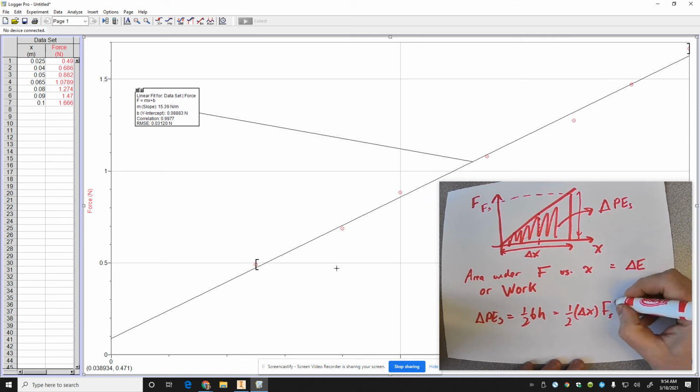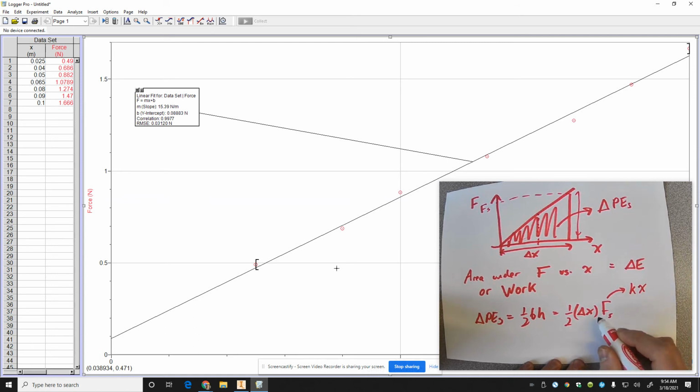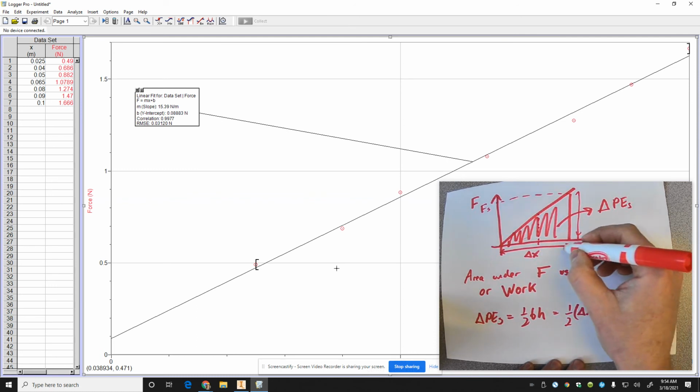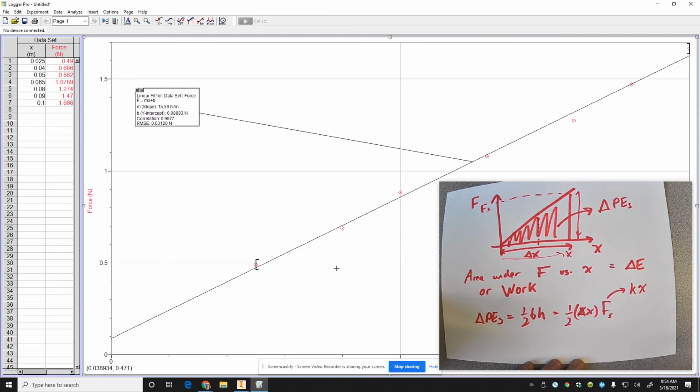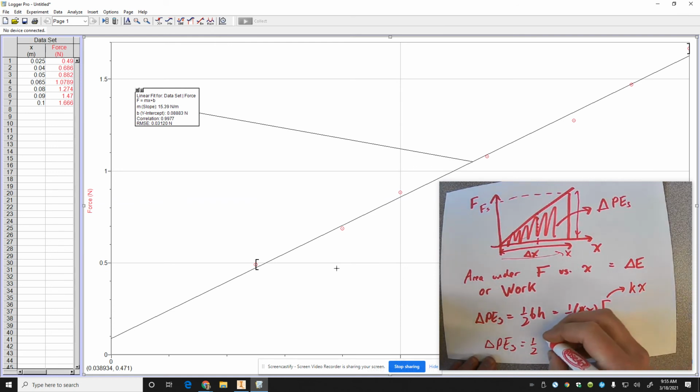But what we do here is we put in kx for Fs. And the delta doesn't really need to be there. It's just x, the length of this, right? So maybe I shouldn't have included the delta there. So what you get is change in spring energy, or the energy stored in the spring, is 1/2 kx squared, right?